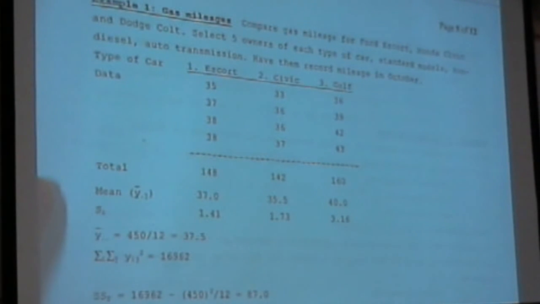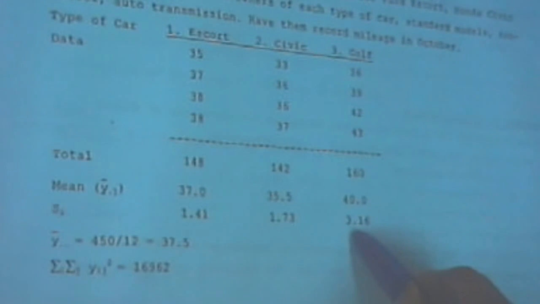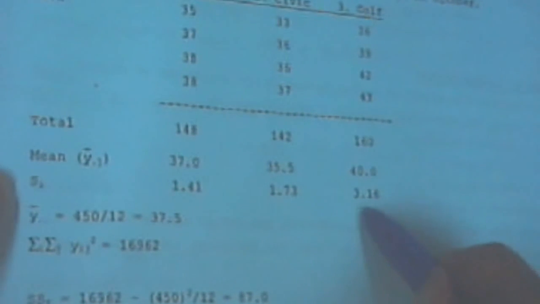And the reason I went back and picked on this one, because when I looked at the sample variances, 1.4, 1.7, 3.2, there seems to be some difference in these variances here. And so I'd like to know, how about if I do a Welch procedure instead of what was done on this page?